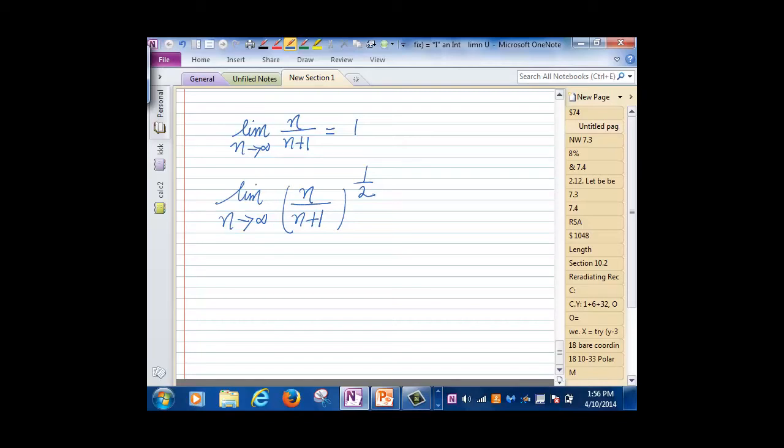By the last rule that I showed you, this limit is the same as the limit as n goes to infinity of n over n plus 1, and then I raise that limit to half, and this is 1 to the half, which is 1. Is that making sense to you?